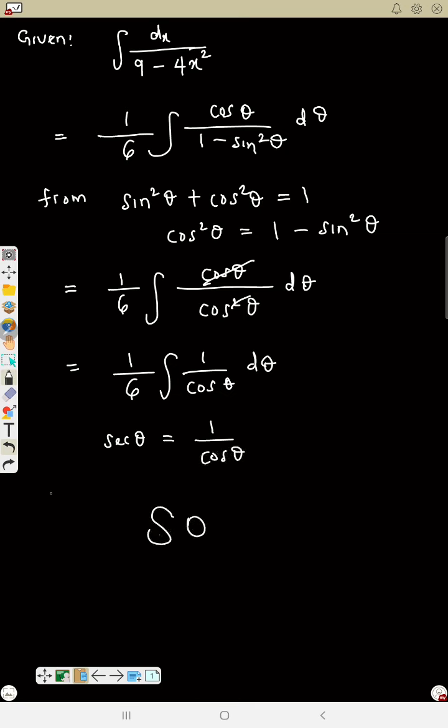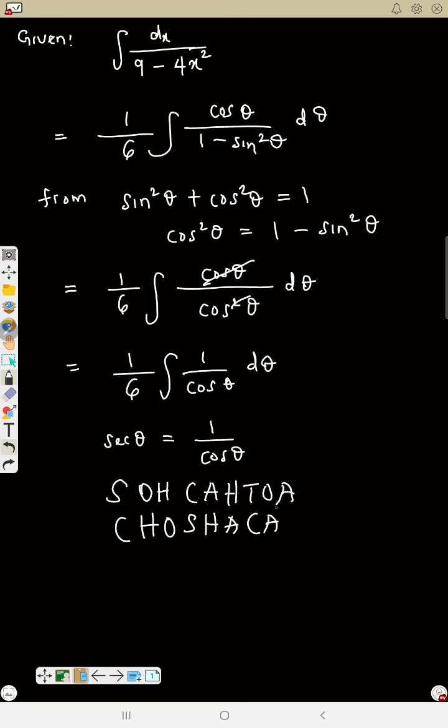Using SOHCAHTOA, cosec is the inverse of sine, sec is the inverse of cos, cot is the inverse of tan.